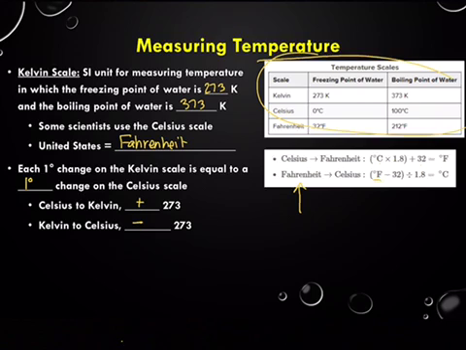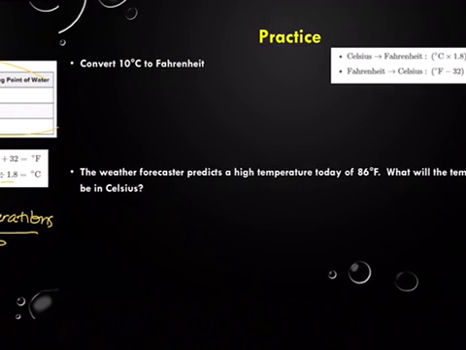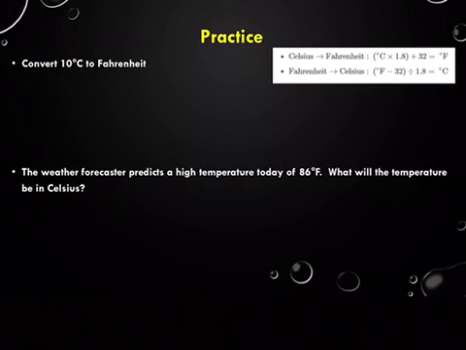You take your Fahrenheit temperature, subtract 32, and then divide by 1.8 to get your degrees Celsius. When you are using these, your order of operations from math class have to be followed. So let's go ahead and practice this.